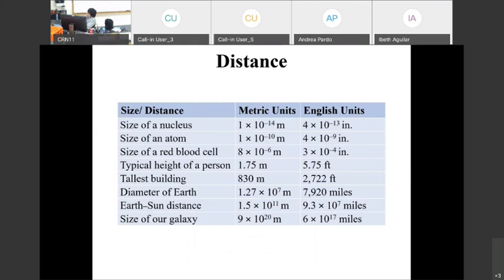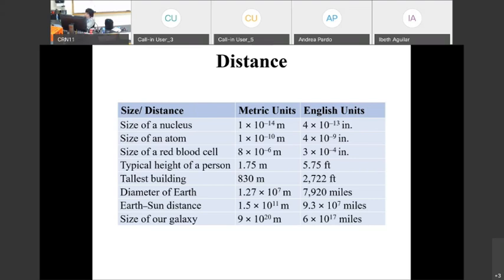For the size of a red blood cell, that's where you start using microns: 8 times 10 to the negative 6 meters is 8 micrometers or microns. The typical height for a person, you can use meters. For the size of a building, you can still use meters. But as you go to the diameter of the Earth, the distance between the Earth and the Sun and so on, even kilometers stay short.